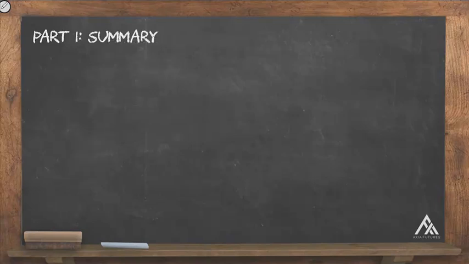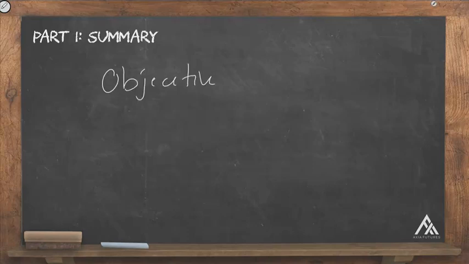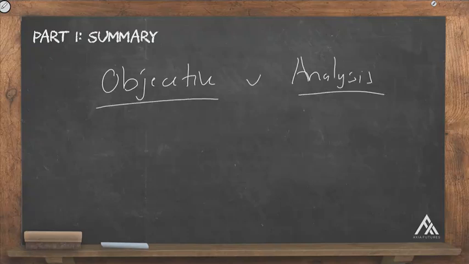We then went on and spoke about the principle of objective versus subjective analysis. And I spent a bit of time on this for good reason, guys. You need to make sure that you understand this, because for me this is probably one of the most crucial principles that you need to learn as a trader. And very simply, we said that objective is very much fact-based analysis.